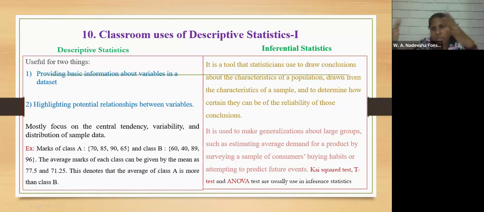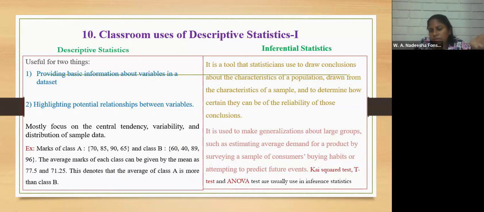Inferential statistics are deeper than that. It is a tool we use to draw conclusions about the characteristics of a population using a sample. Here, we use the sample and analyze some characteristics. Then we generalize it to the population.